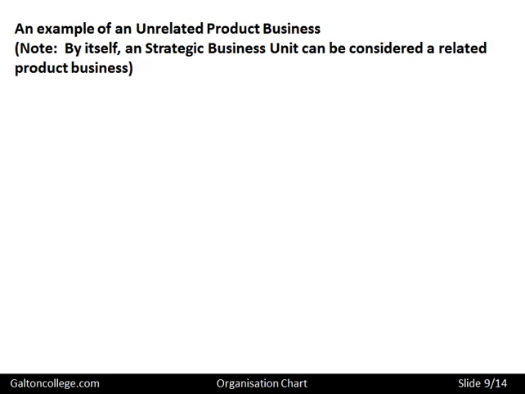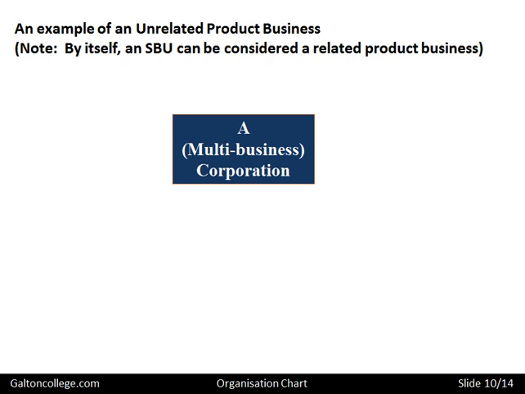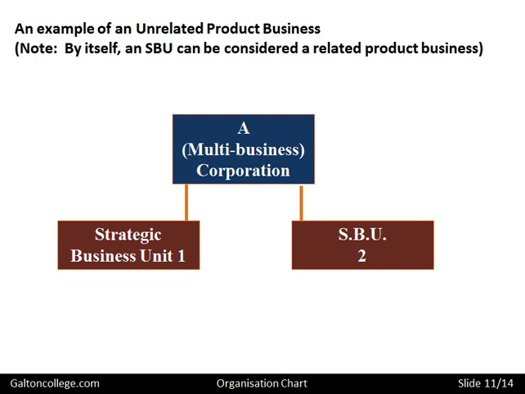An example of an unrelated product business, and note here, by itself, a strategic business unit can be considered a related product business. So let's look at this one. Say we have a multi-business corporation, and here we've got strategic business units.